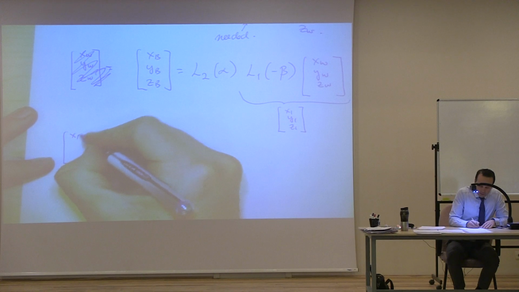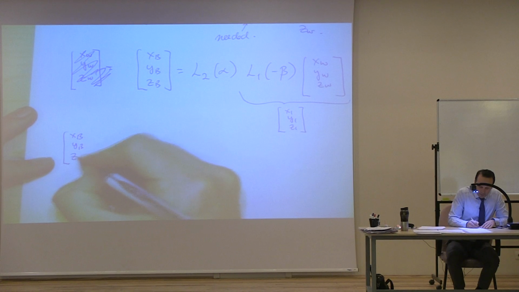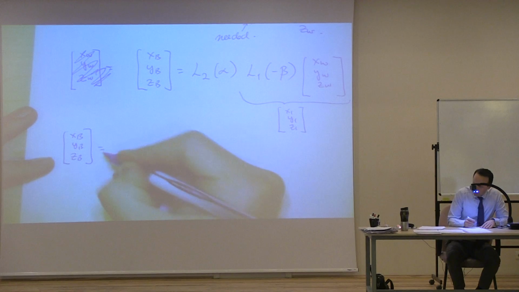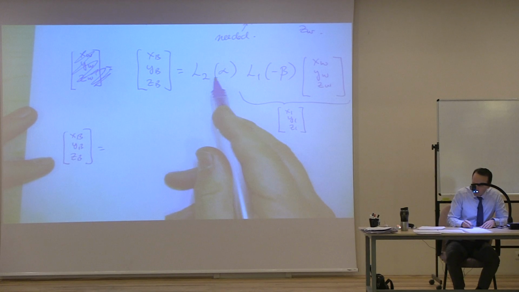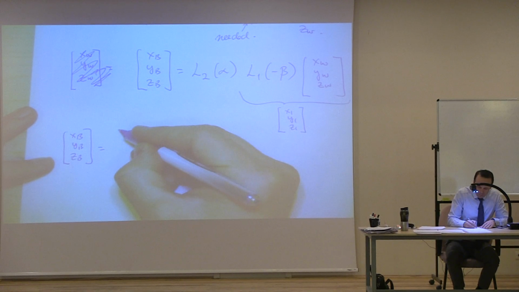It will look like this, XB, YB, ZB. The rotation here, this one is around the y-axis.